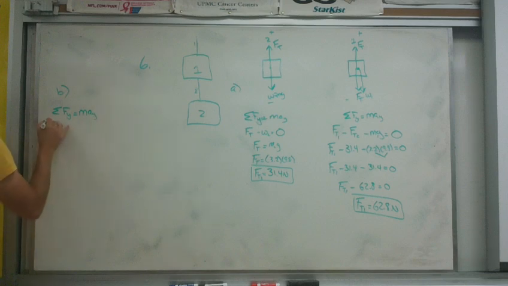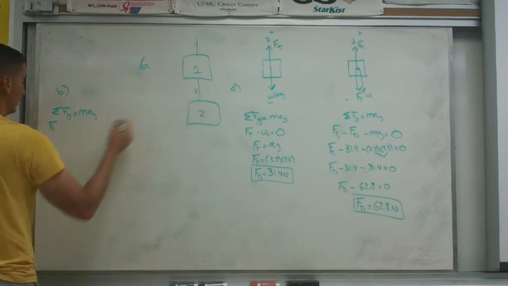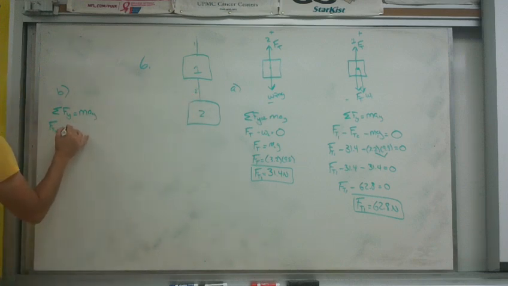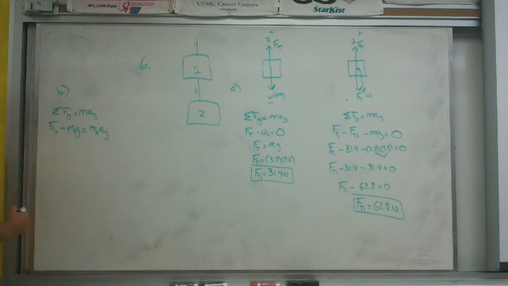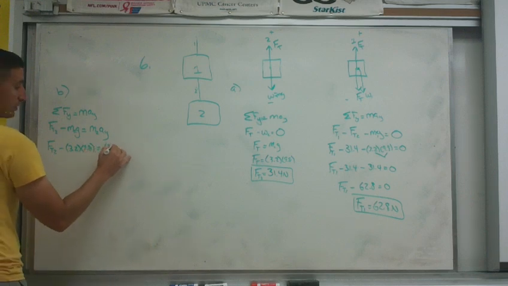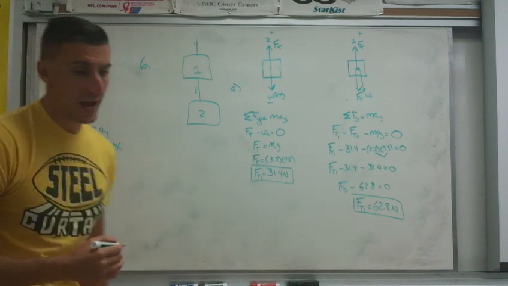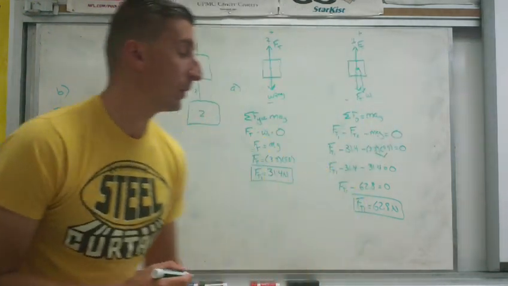I still have Ft of 2 minus the mass of 2 times gravity, and now it has acceleration, so I have to leave it as acceleration. Ft2 minus 3.2 times 9.8 equals 3.2 times the acceleration, which is 1.6.